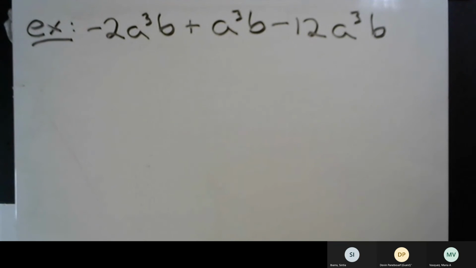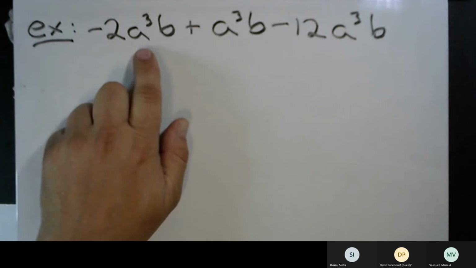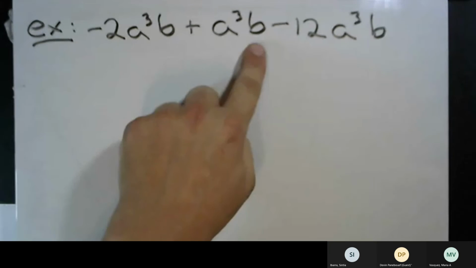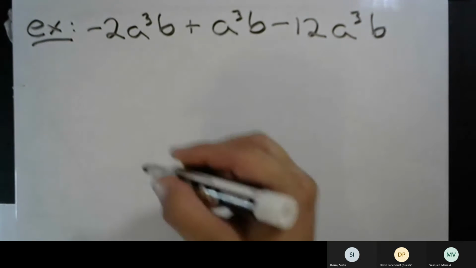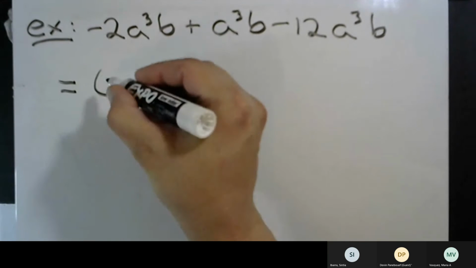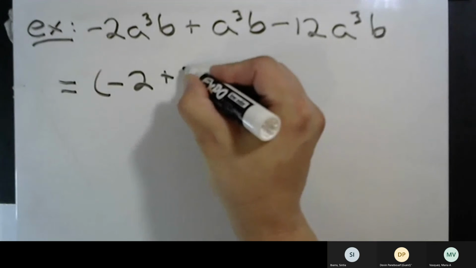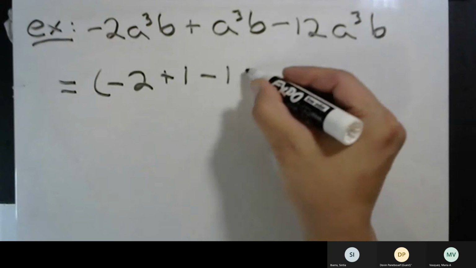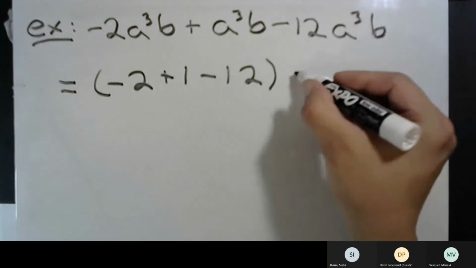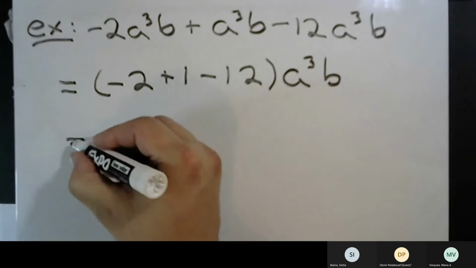Now, again, what we're going to do is combine coefficients. Each of these is a type a cubed b. So this will be -2 plus 1 minus 12 a cubed b.